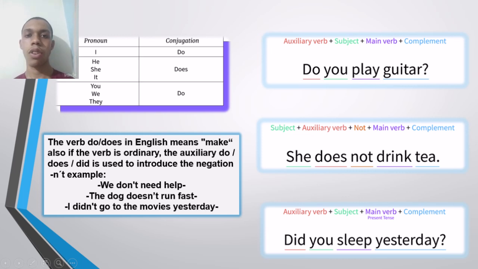Remember, do, does are used to ask and deny in the present tense of practically all verbs except to be and an auxiliary verb like can, could, must, will, etc. Remember, when you use does as an auxiliary verb to ask or deny, the main verb always goes in the infinitive without to. Let's see examples.